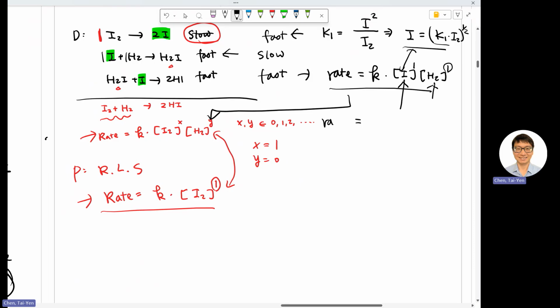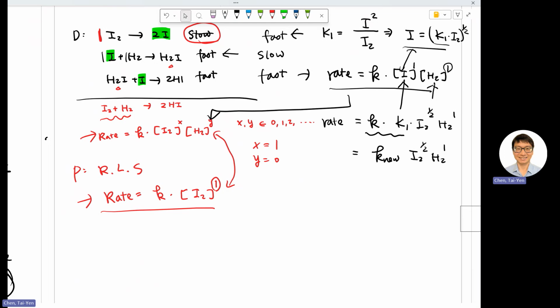Therefore, you can write out your new rate as the constant k times K1 times I2 to the square root, and then H2 first power. You can combine the constants to make a new k, and then I2 to the half power, H2 to the first power.